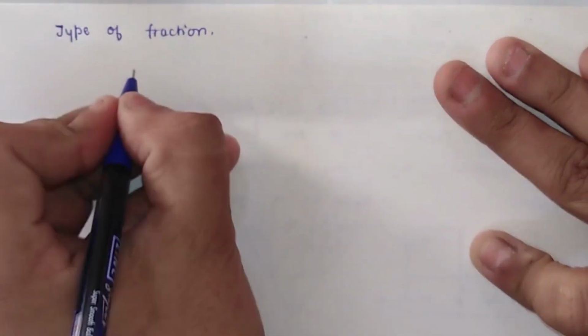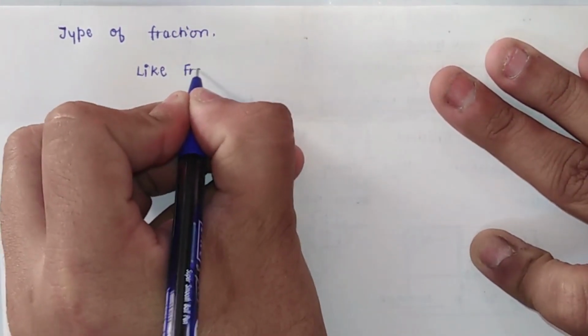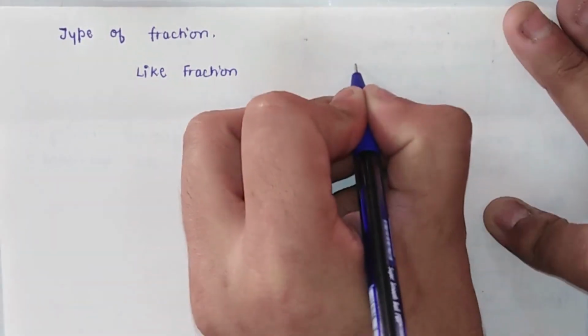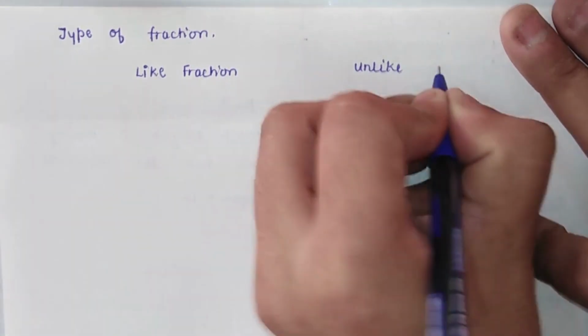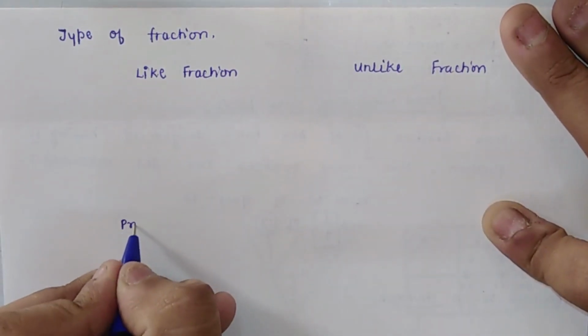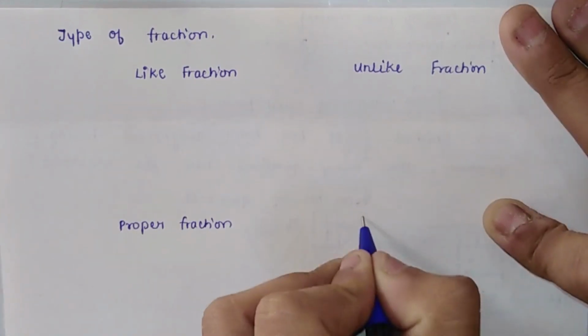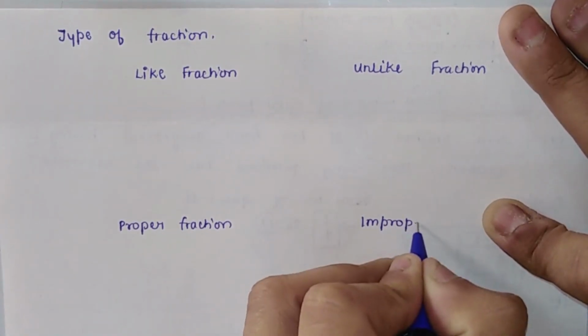Let's talk about types of fractions. If I talk about the types of fractions, we can say there are like fractions, there are unlike fractions, and one category is proper fractions and improper fractions.